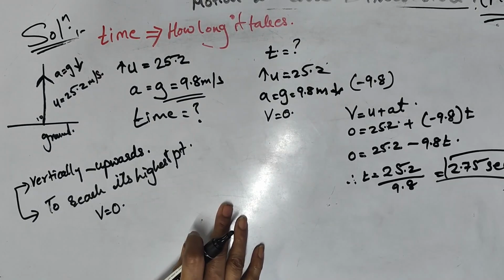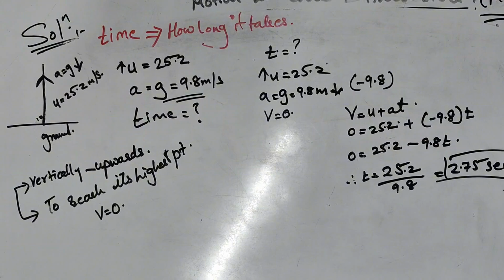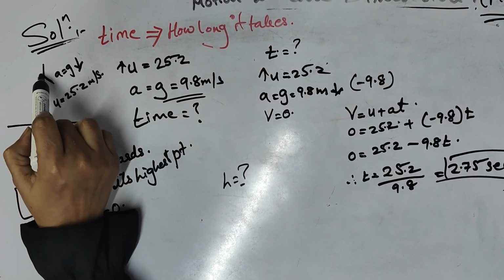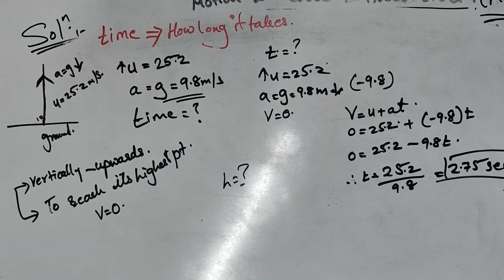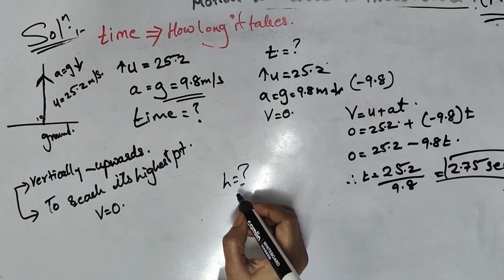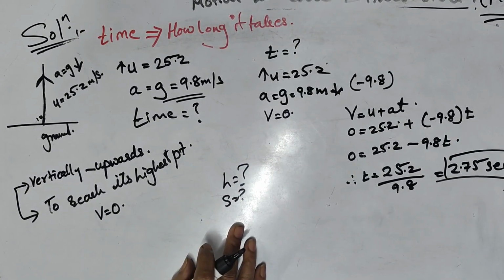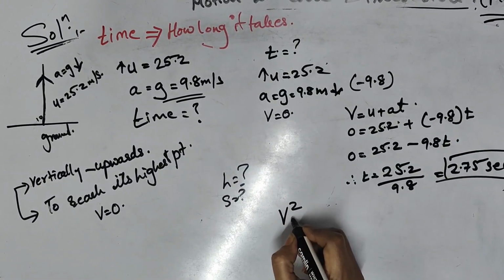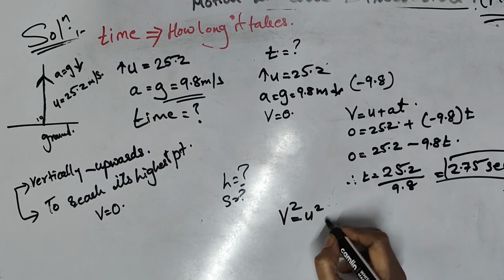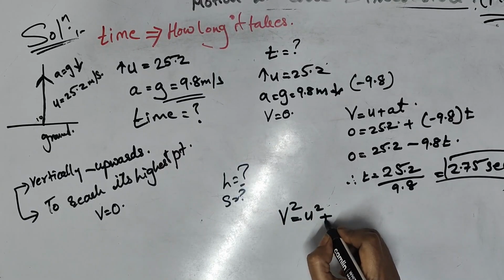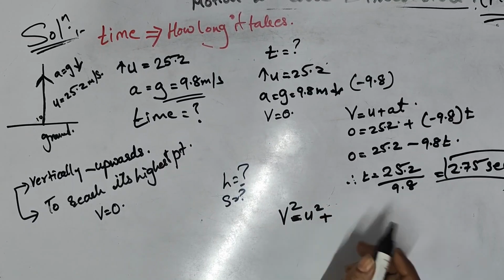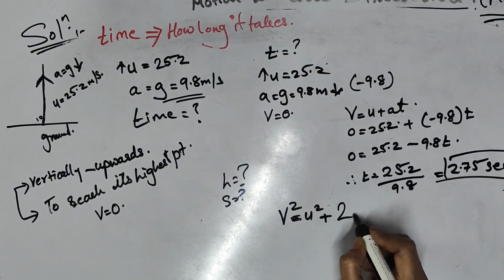Second thing, how high does it rise? मीन्स हमें हाइट पूछा है कि कितनी हाइट तक वो ऊपर गया, ये हाइट कितनी है. So it means h is also asked and s is, so here we will use the formula v square is equal to u square plus 2as.